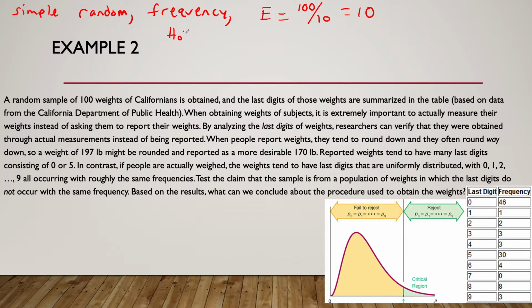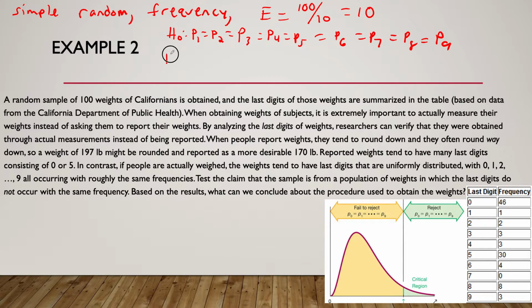The null hypothesis is that all of these probabilities are equal. So P1 is equal to P2 equals P3 equals P4 equals P5 equals P6 equals P7 equals P8 equals P9.